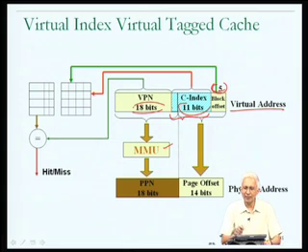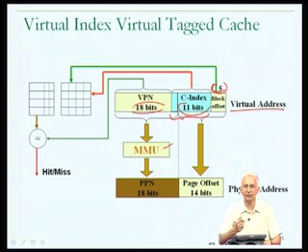Now you may be wondering, why am I pointing out where the bits of the index are coming from? This relates to something that we were doing in the early parts of the previous lecture. You'll recall that when we were talking about how to figure out the number of hits and the number of misses for a loop that is of interest to us from a program that we may be running on a computer, we used information about the addresses of the arrays, array A or array B, etc., in order to calculate what the index bits are, in order to get an idea of whether there were conflicts, hits or misses, etc. And at that point we were assuming that the cache was indexed using virtual addresses.